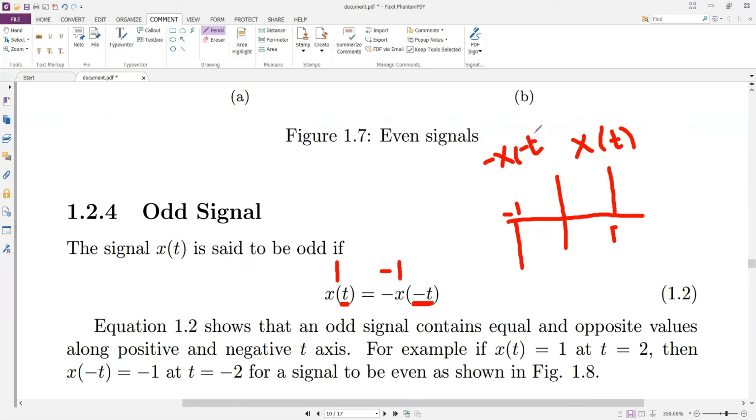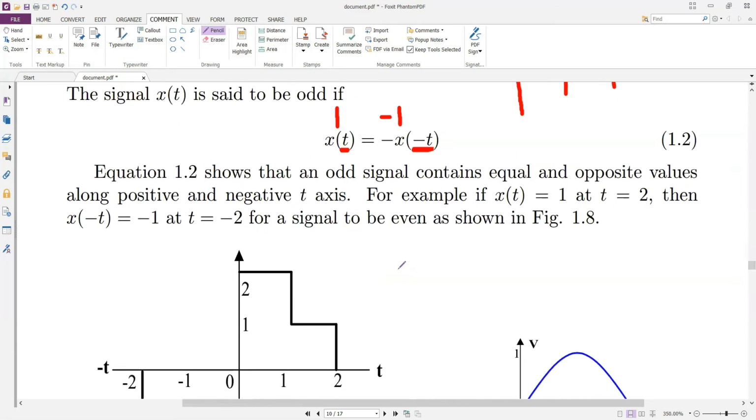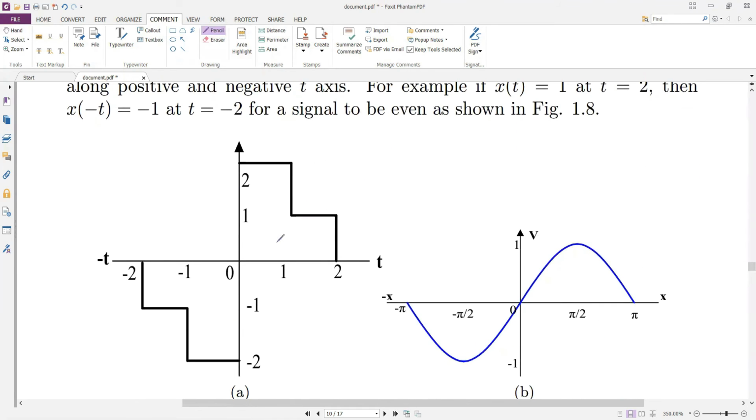So the value of the signal is in fact equal and opposite. So what is an odd signal? If you look at this particular figure, at t is equal to 1, the signal has a value of 1. However, at t is equal to minus 1, the signal has a value of minus 1.